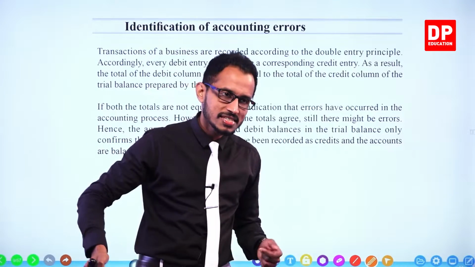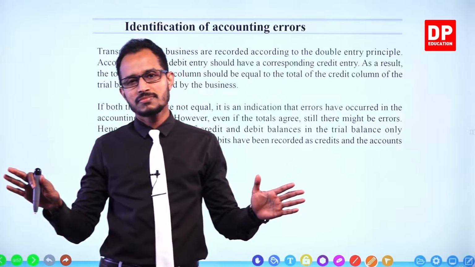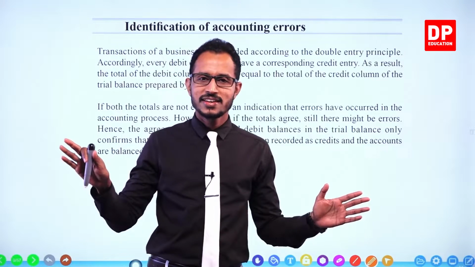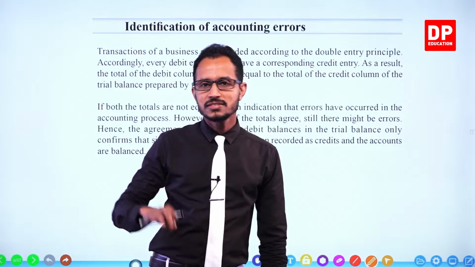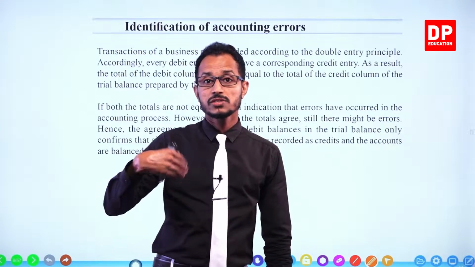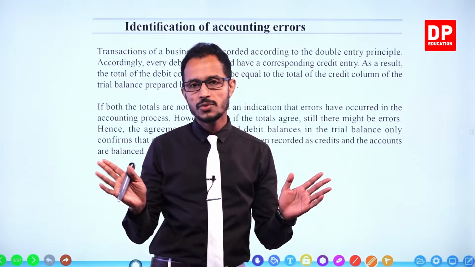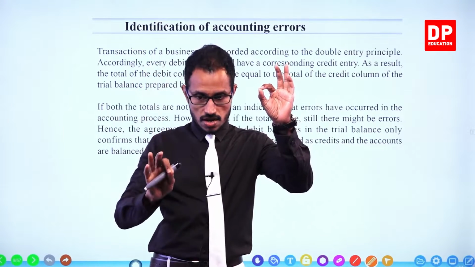In the previous chapter, in the previous video, I explained to you, clean and crisp, clean and clear, what accounting errors are, how accounting errors occur, where accounting errors occur.